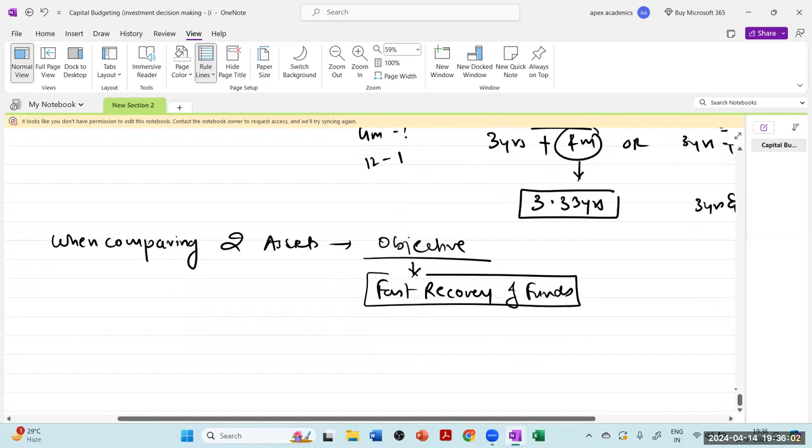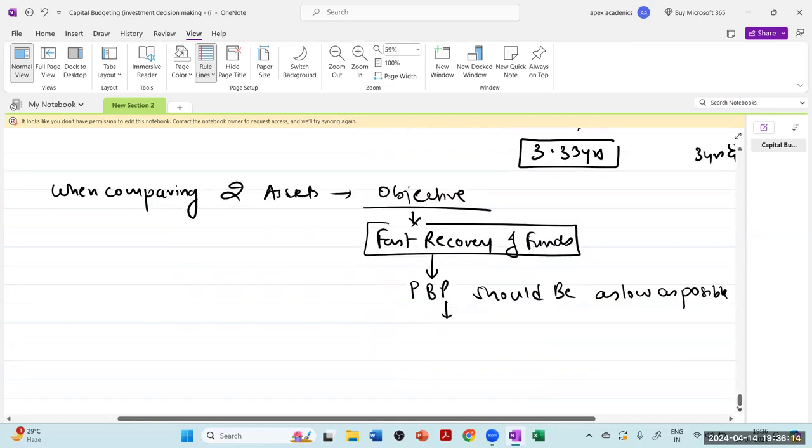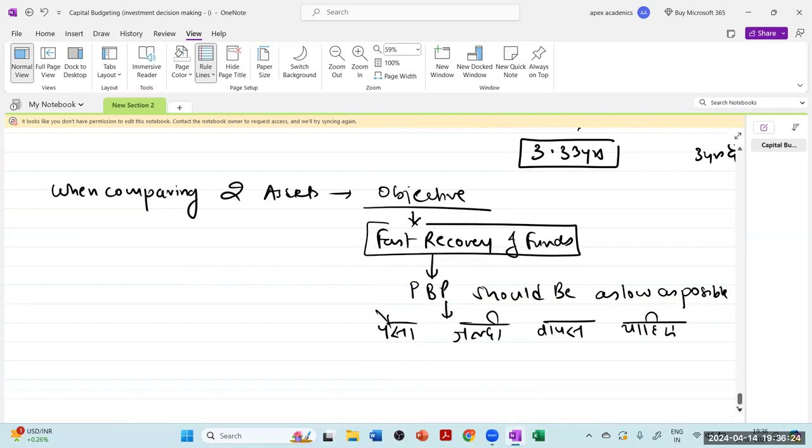Fast recovery of funds. So fast recovery of funds means payback should be as low as possible. Correct? Why? पैसा जल्दी वापस चाहिए. Keep this much in mind.